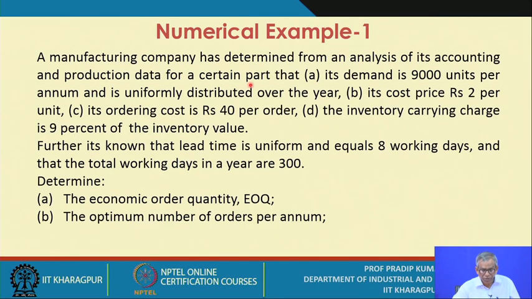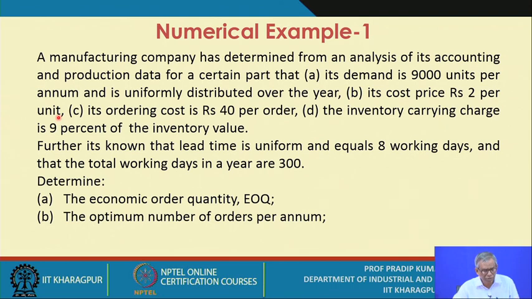Okay. So this is a numerical example. The manufacturing company has determined from an analysis of its accounting and production data for a certain part that its demand is 9,000 units per annum and is uniformly distributed over the year. That means the demand rate is uniform. Its cost price is ₹2 per unit. This is just an example.